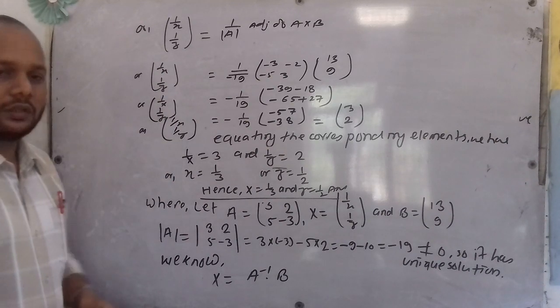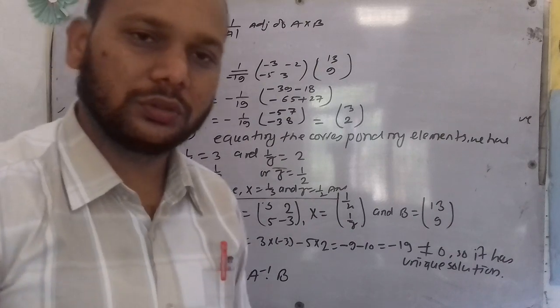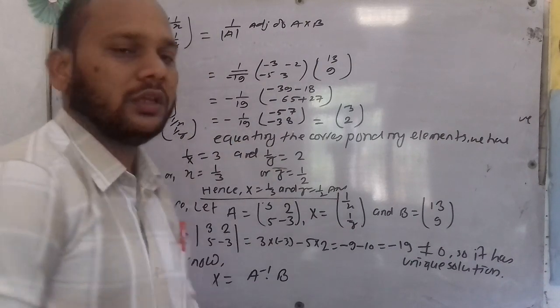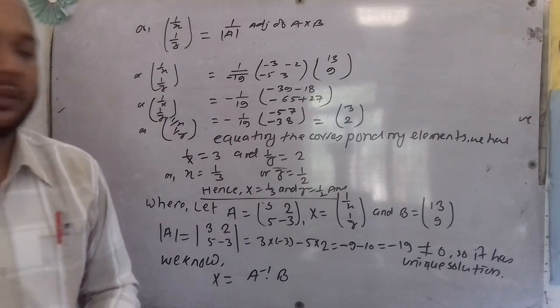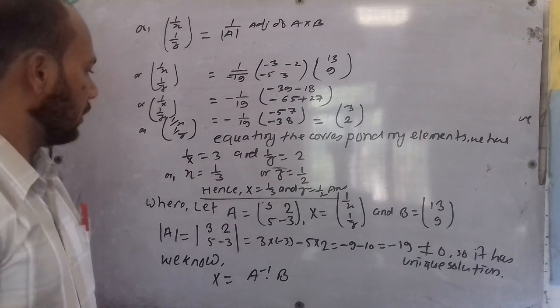My dear students, this is also solved the same as examples number 1, 2, 3, and in this way we should find the values of x and y. We should solve the simultaneous linear equations. Okay, write down from here.